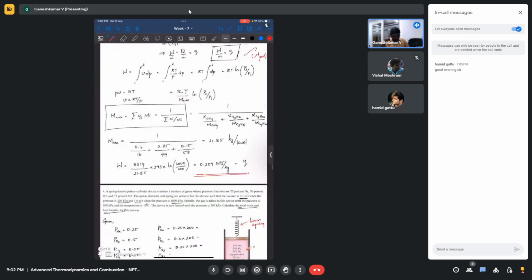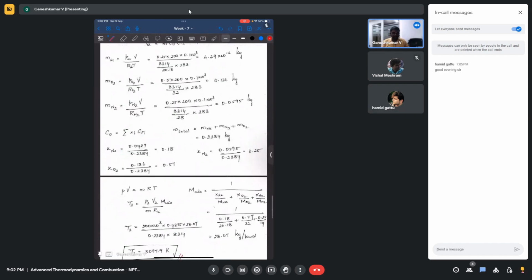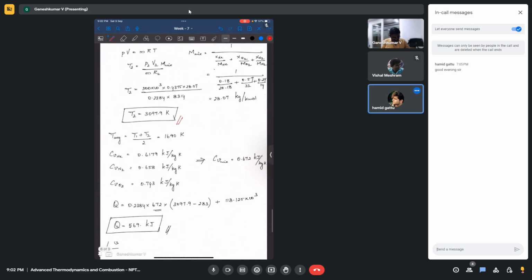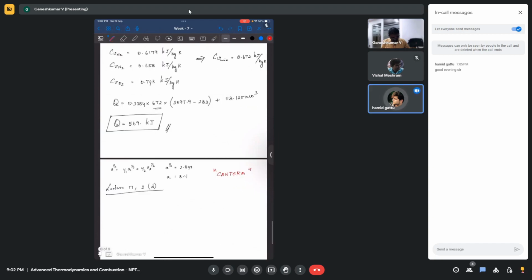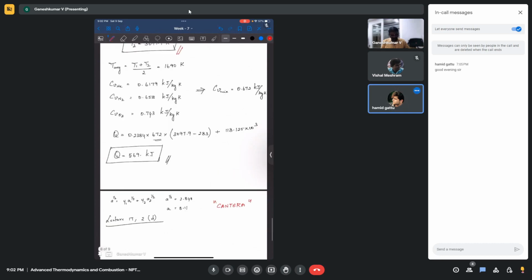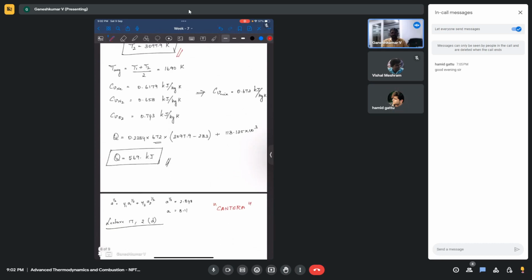Let's see if possible, I will show a demo of Cantera once this combustion topic comes. Sir, are there tutorials available online for Cantera? Yeah, there are tutorials. If you search for Cantera and go to the website itself, you will have certain tutorials.